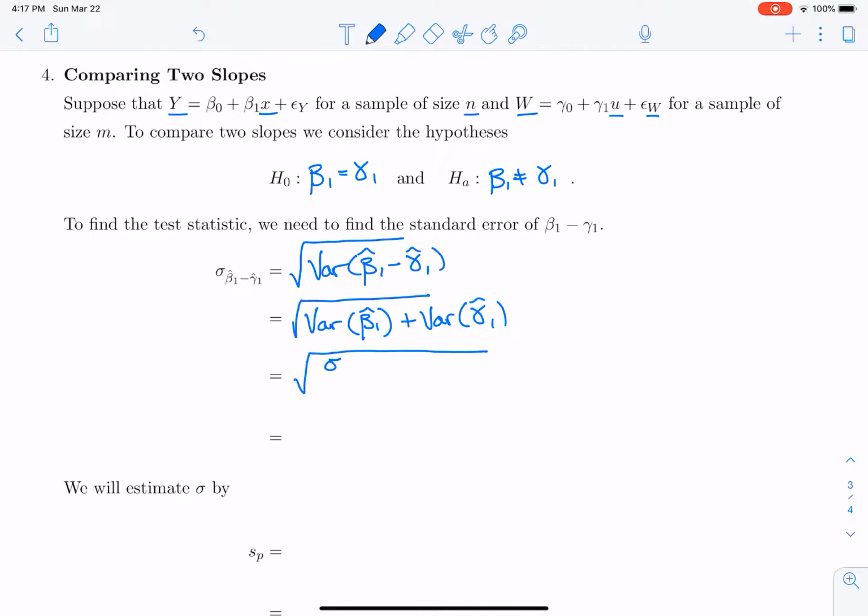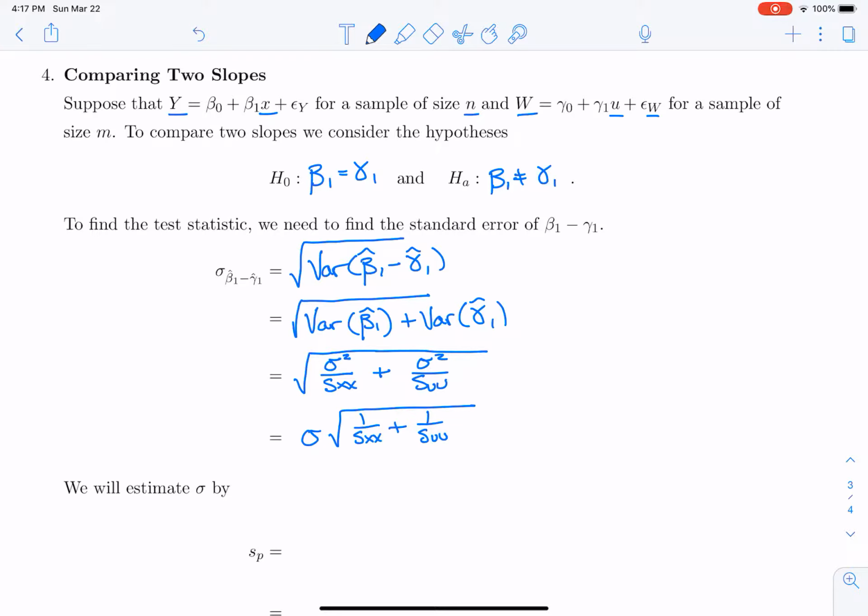It's sigma squared over s sub xx, and then that's going to be sigma squared over s sub u. So I'm going to factor out a sigma, and that becomes the square root of 1 over s sub xx plus 1 over s sub u.